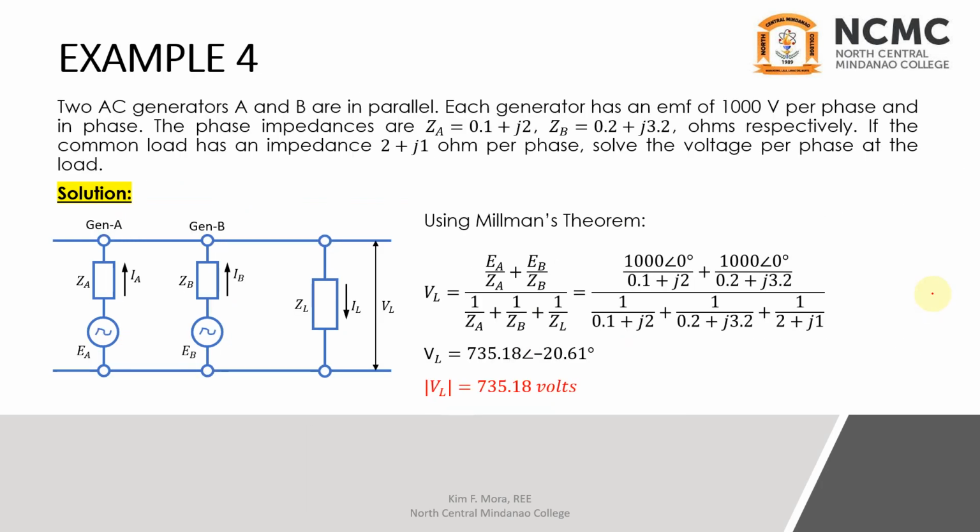Okay, so for example, duha ka generators A and B that are in parallel, and each generator has an EMF of 1000 volts per phase, and they are in phase. You're also given their phase impedances.